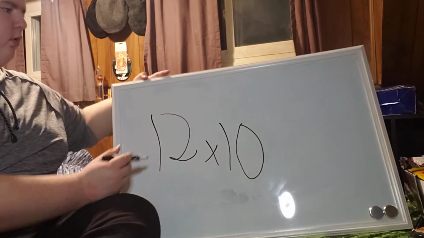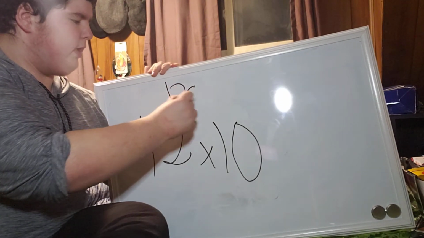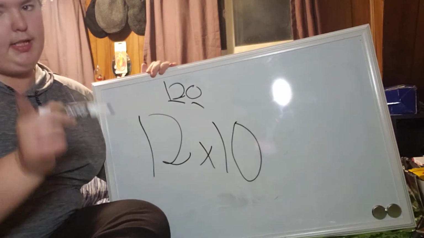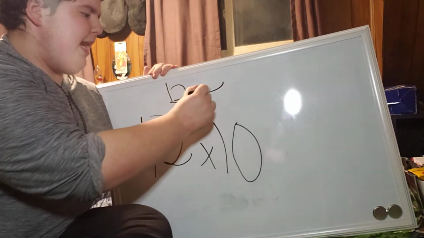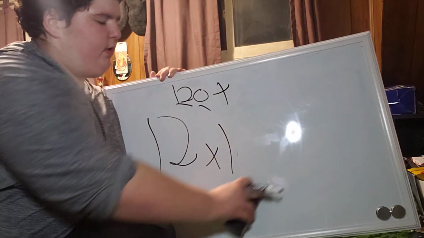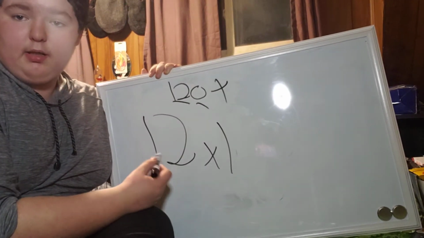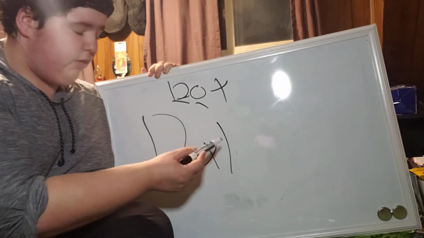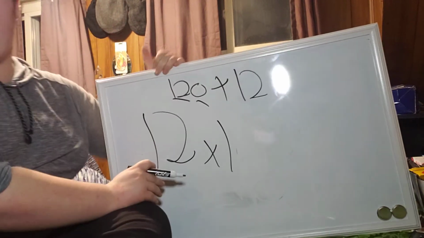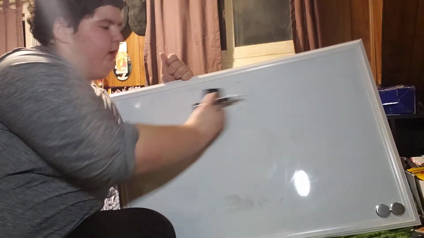So then you'd have 12 times 10, which equals 120, because all you do is put a 0 at the end of 12, however you want to say it. And then you add, if you take 10 away from 11, which is just 1, and anything times 1 is the number itself. So 12 times 1 equals 12, so add 12 to that. 120 plus 12 is 132. So that's how you get that answer for 11s.